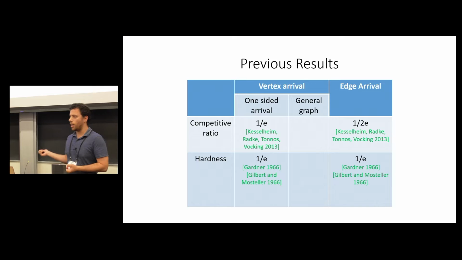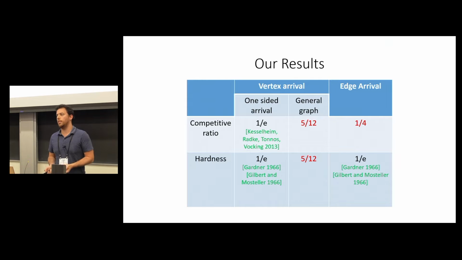For the edge arrival, Kesselheim et al. showed that it's possible to achieve 1/2e, and again, the classical example is an upper bound on what you can achieve. And we show that for general graphs, when all vertices arrive online, you can actually achieve 5/12, which is better than 1/e, very surprisingly.